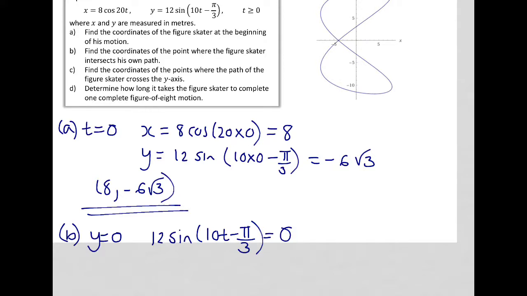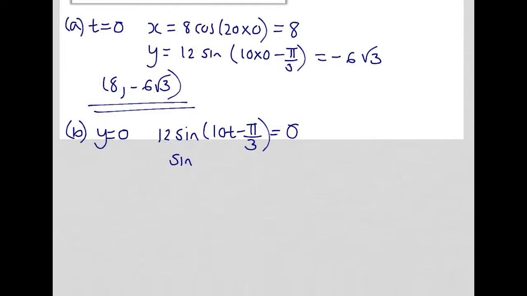And therefore I'm going to divide by 12, and I'm going to write sine of 10t minus pi over 3 equals 0.